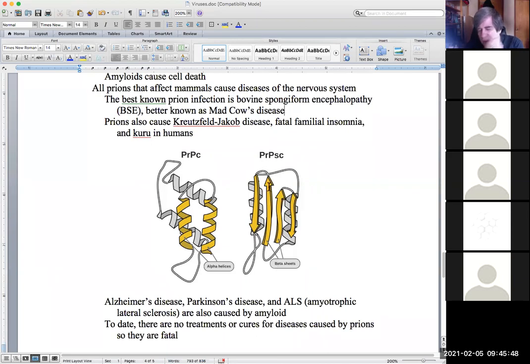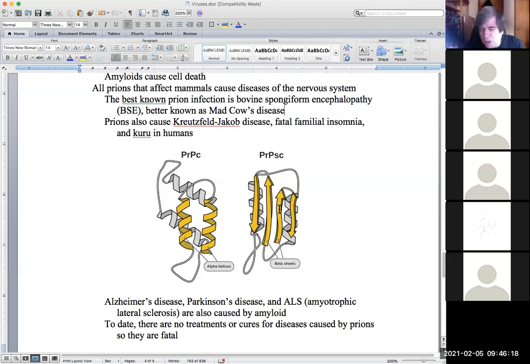Because of the mutation that occurs when we look at the mutated protein, the one that is the prion, what we see is we still have our two gray alpha helixes, but besides those two gray alpha helixes, we have two areas in here that are beta sheets.